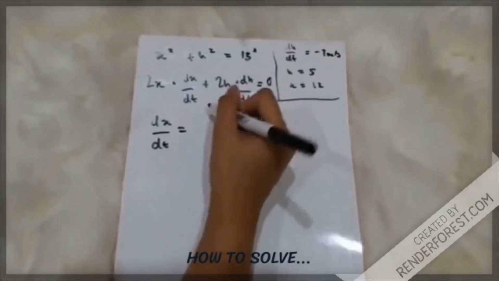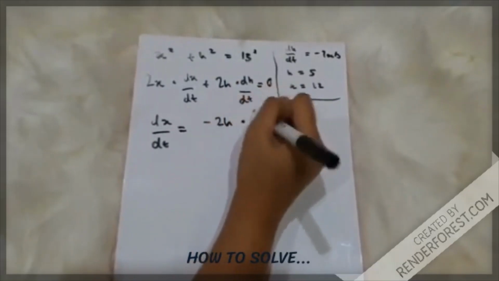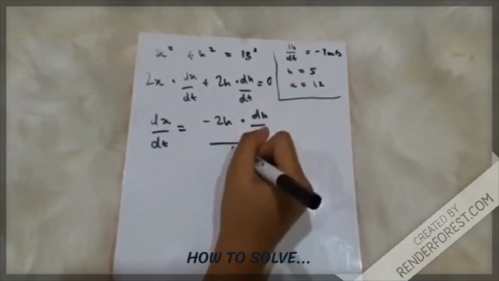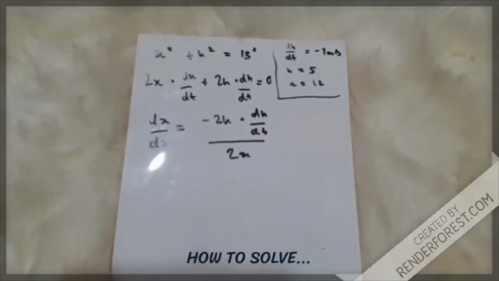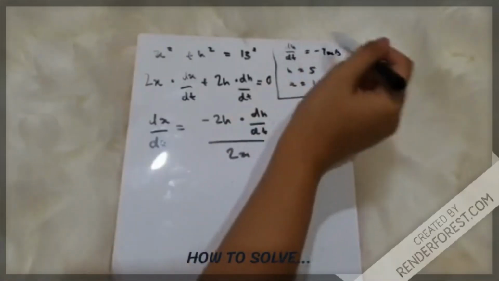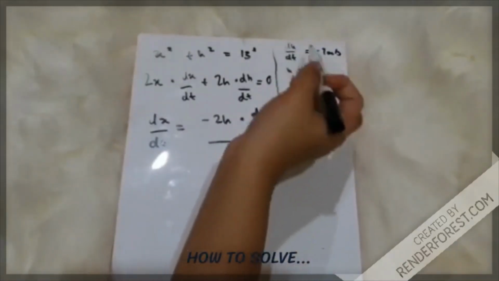So dx/dt equals negative 2h dh/dt divided by 2x. Now, once we get this, we have to substitute the value for each term, and I have listed the values here.